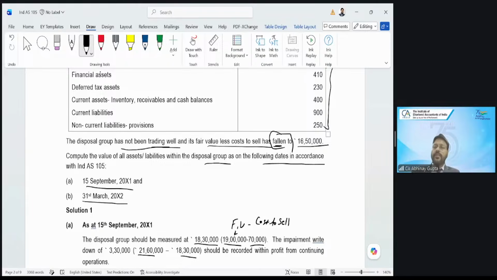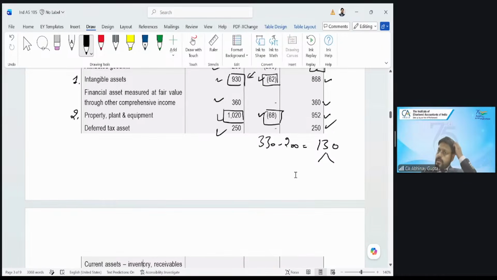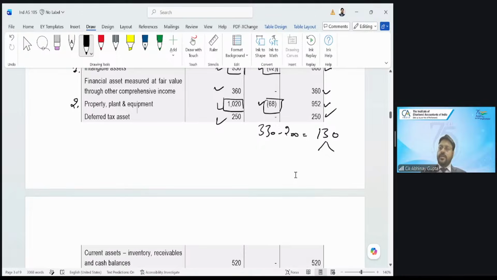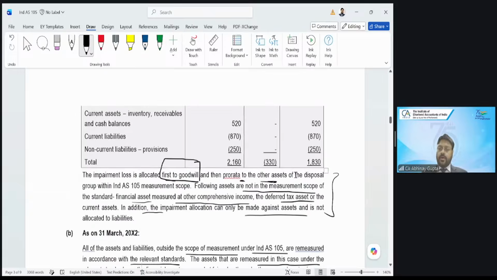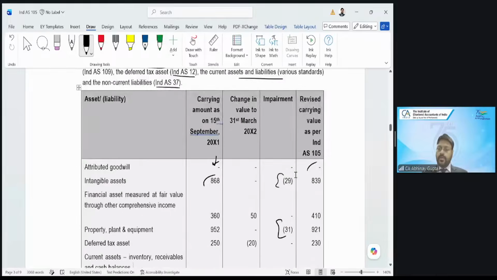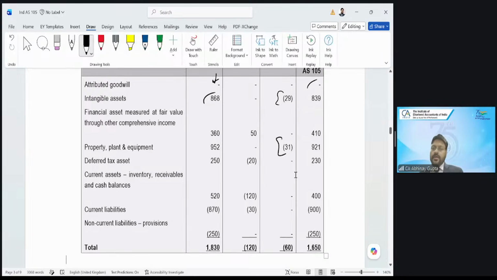So this will be compared with the value which we have computed on 15th of September, right? And then we will calculate the impairment loss, right? So that impairment loss is being allocated now again on these non-current assets, because all other assets are anyway out of the scope of Ind AS 105, right?